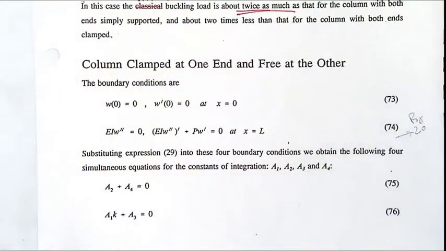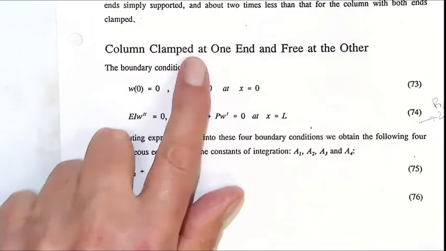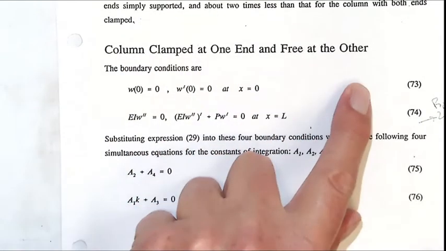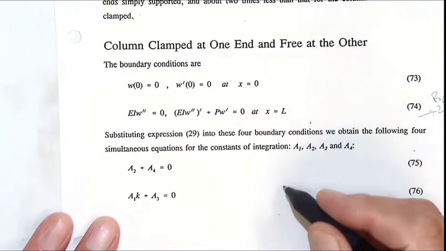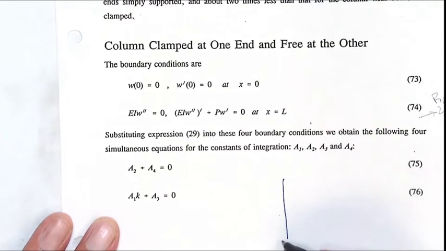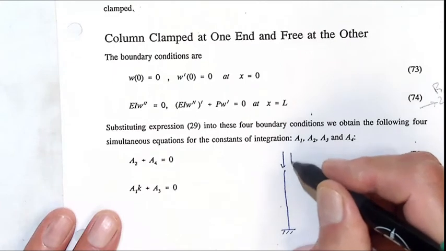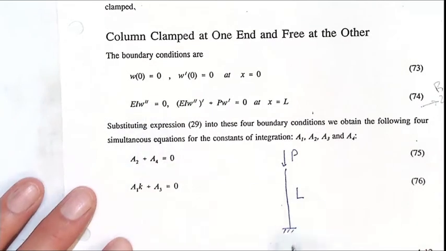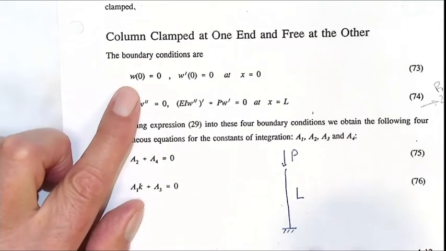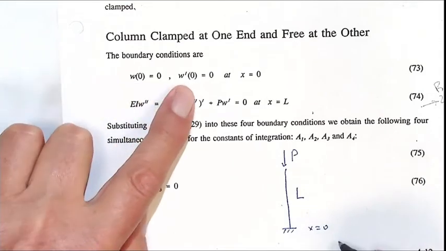So I will deal with a column clamped at one end and free at the other. So we deal with the buckling of such a column. That means that the column is like this. So the boundary conditions are here at x equals 0, w equals 0, and first derivative equals 0.